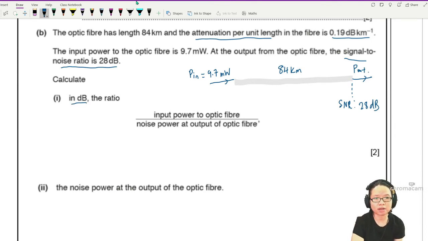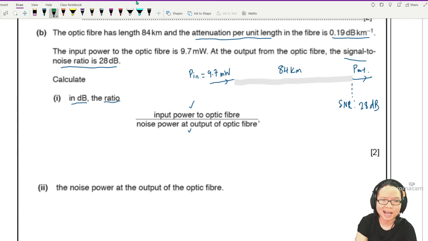Okay, part 1. Calculate in decibel the ratio of input power to the optic fiber to noise power at the output of the optic fiber. Okay, so let's see what they want first. They want input power, and in decibel, so we're going to have to do the 10 log thing again.